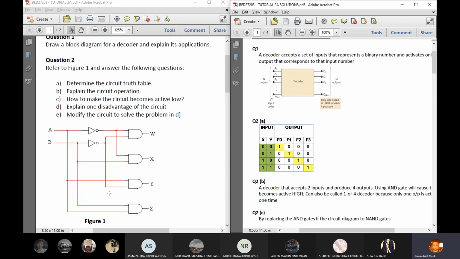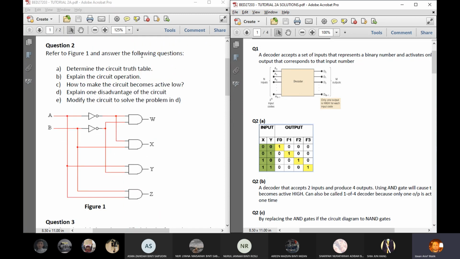Then referring to figure 1, question 2, answer the following question. So this is A, B and then W, X, Y, Z. So means that you are having a 2 to 4 decoder. So determine the circuit truth table. So this is the truth table, but you have to change the variables.